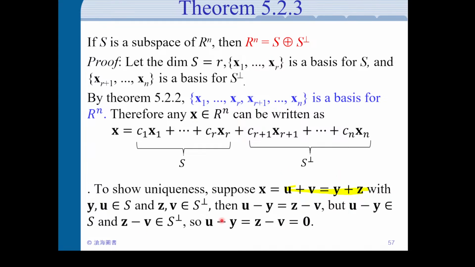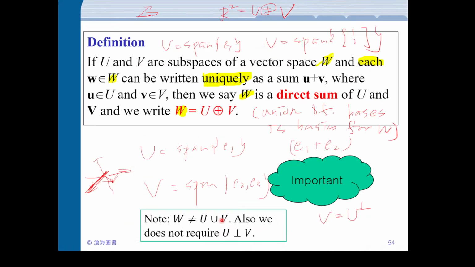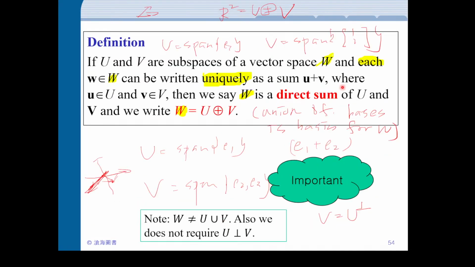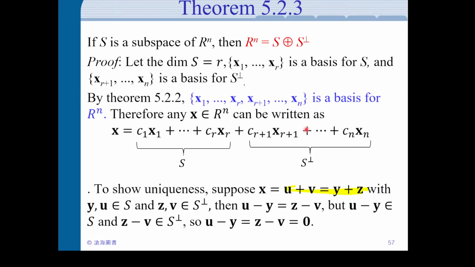Okay, that's our theorem 5.2.3. It basically says this: the direct sum interpretation is the same as the interpretation we gave before, the union or basis interpretation. The direct sum of two orthogonal complements must be your full space Rn.